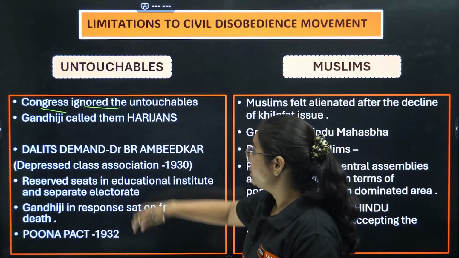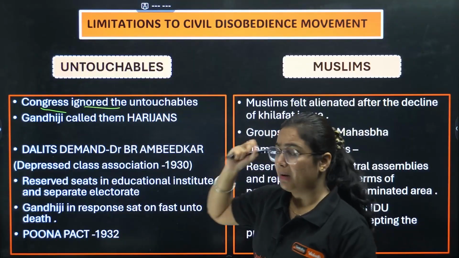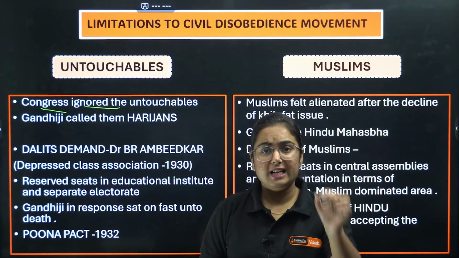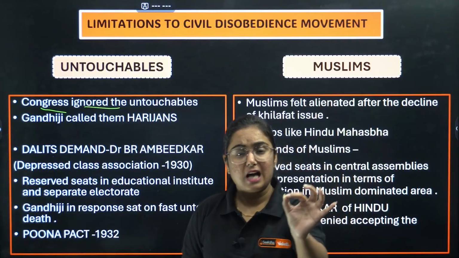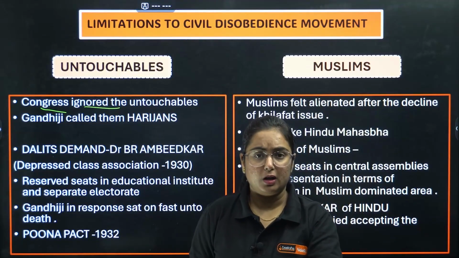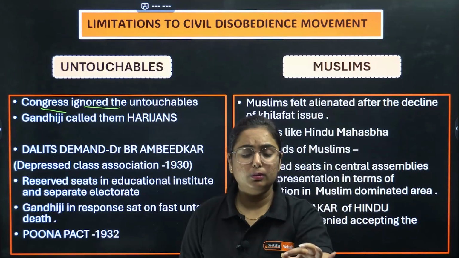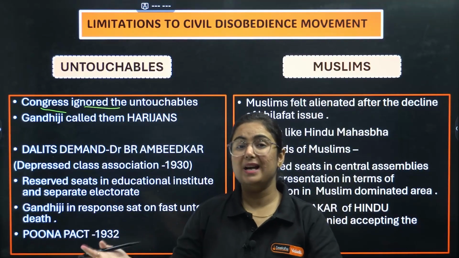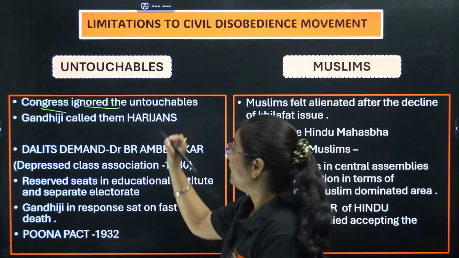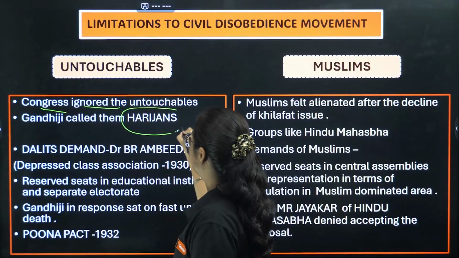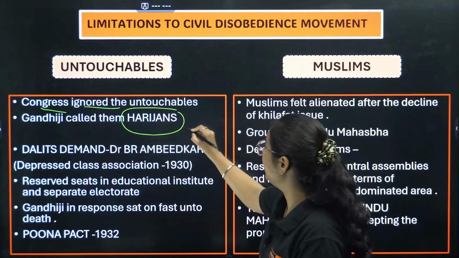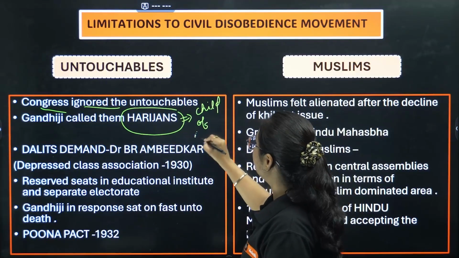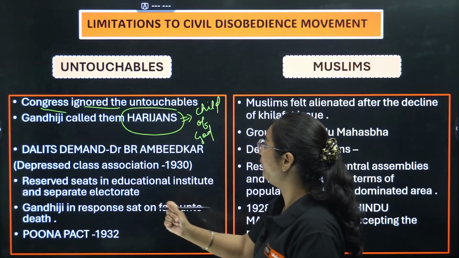Getting my point? So Congress ignored the untouchables' demands, but when Gandhiji came to India, he said that untouchables are part of Indian society. We need to make our active participation to mix them along with Indian society, and that is the reason he called them Harijan, basically the children of God, or the people of God.